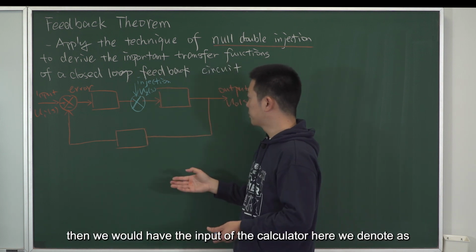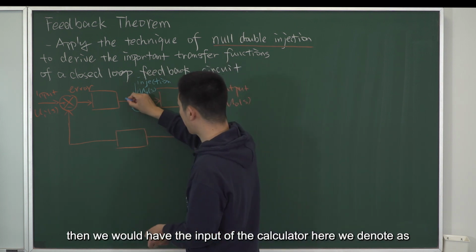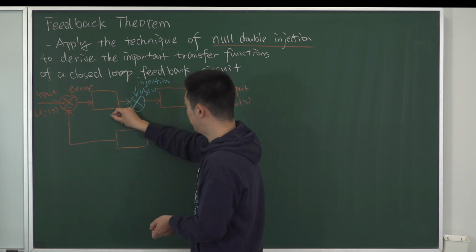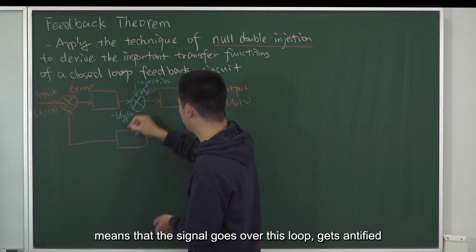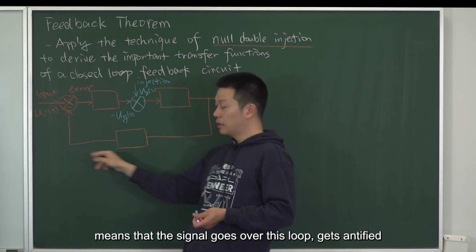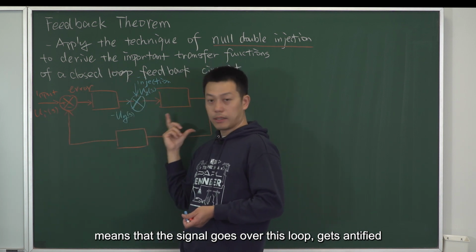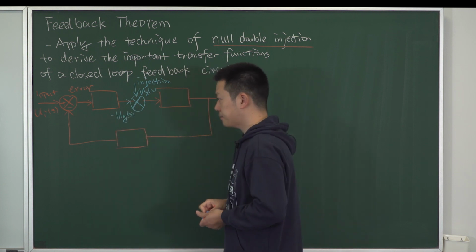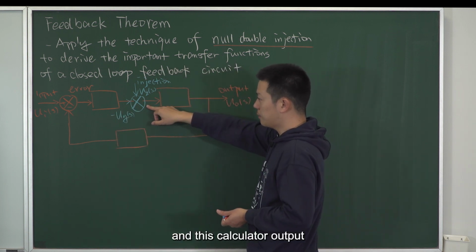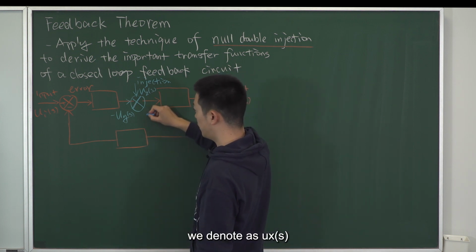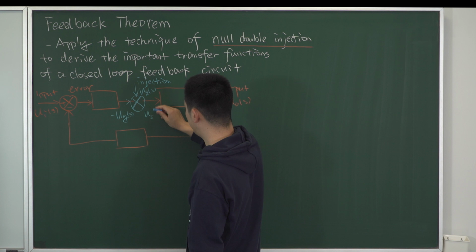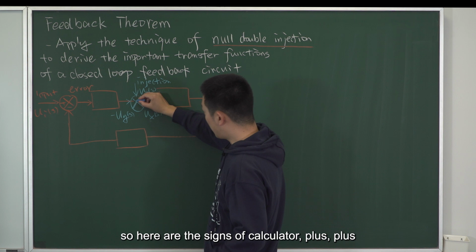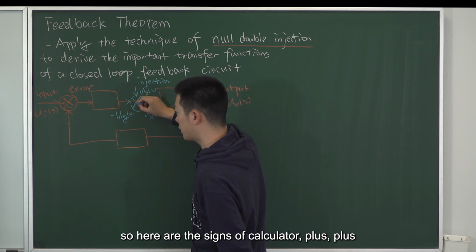Then the input of the calculator, we denote as minus UYS. It means that the signal goes over this loop, gets amplified, and becomes minus UY here. This calculator output we denote as UX. The signs of the calculator are plus.